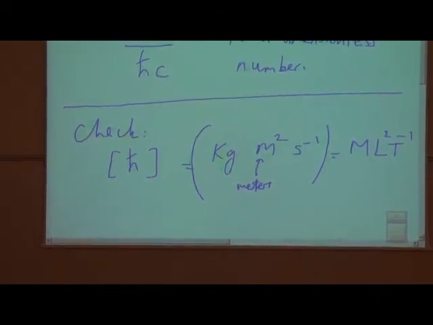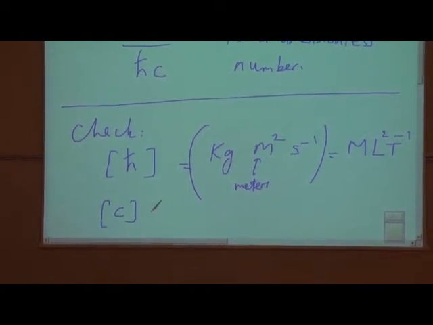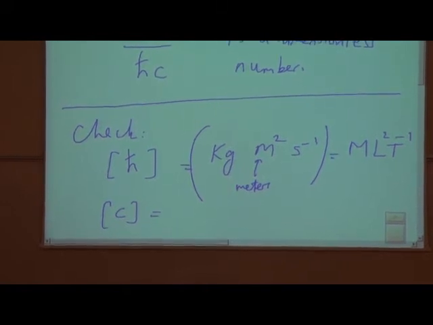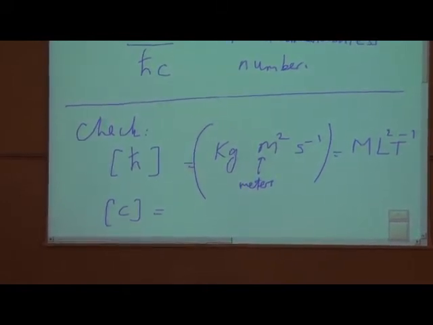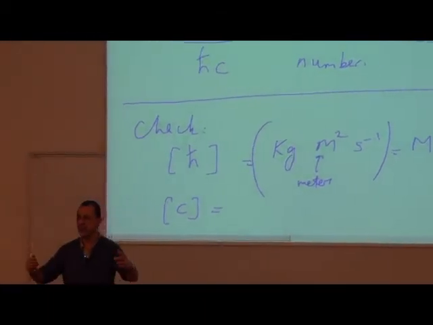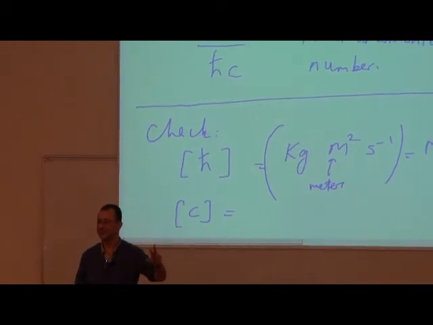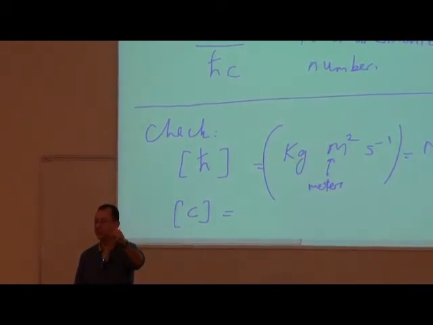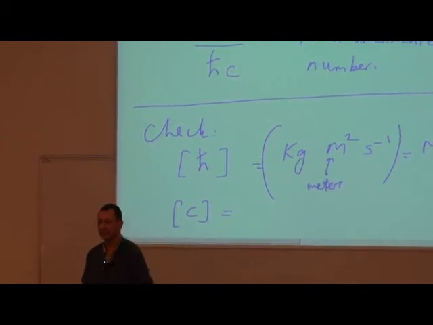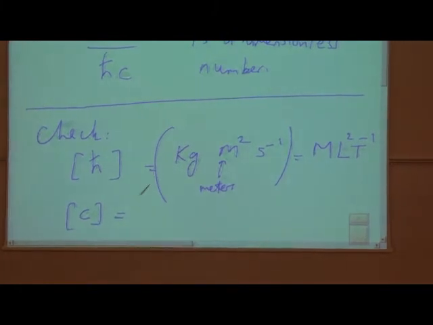What is the dimension of c? Speed of light. Meters per second. What is the dimension? L over T. Right. Good.